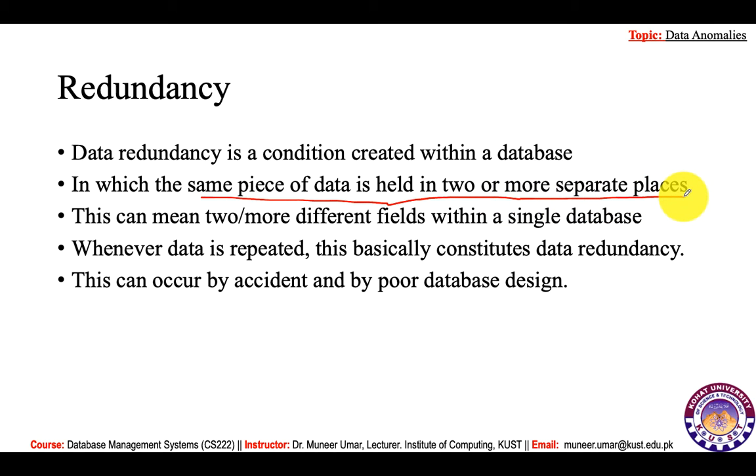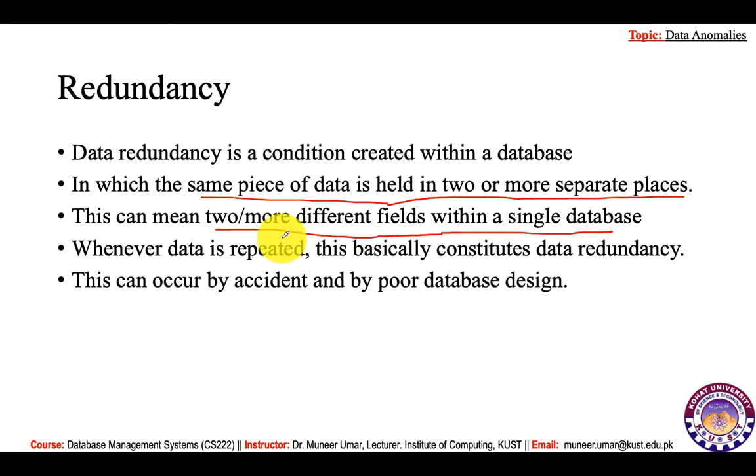Suppose we have student records, so the name of the student is stored in two or more tables. So in that case, we can assume that the data is in redundant form due to its repetition. This can mean two or more different fields within a single database.